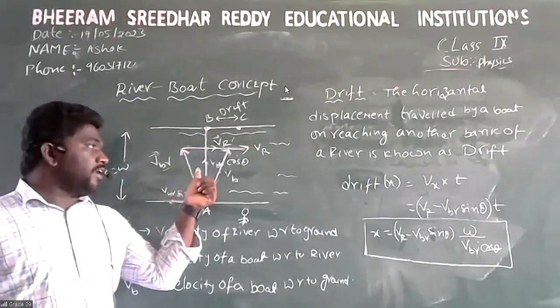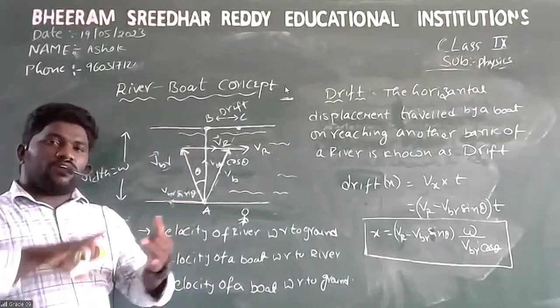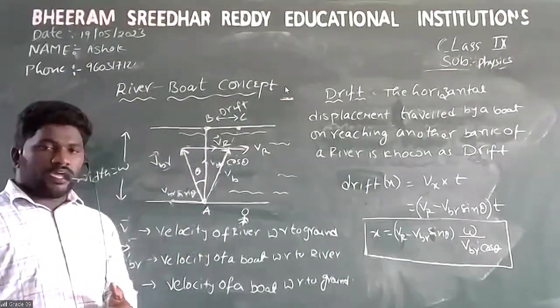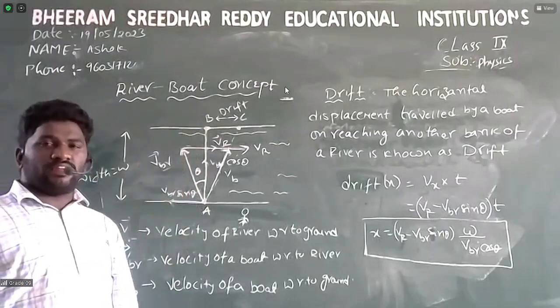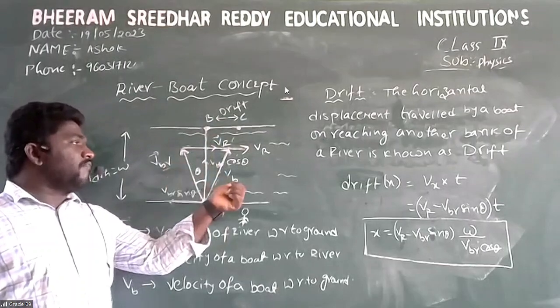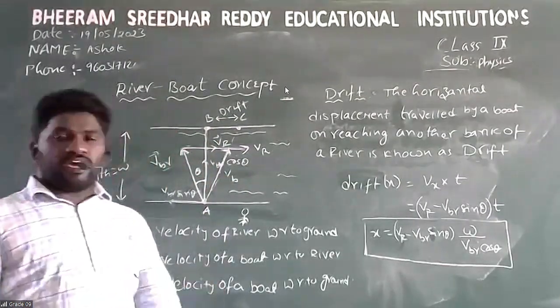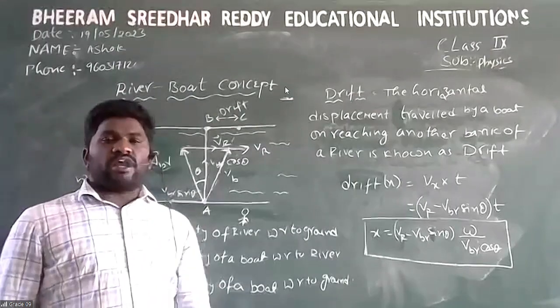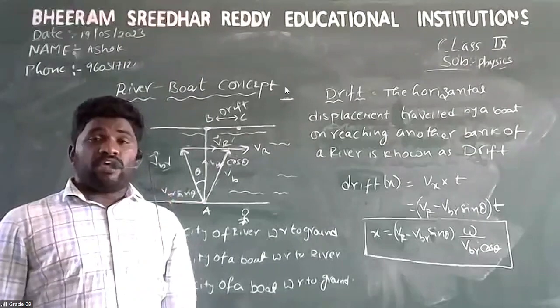If you observe here, a triangle is formed with VR, VB, VBR. VBR and VR are the two adjacent sides of the triangle, and the resultant will give VB. That's why we write VB equals VR plus VBR.